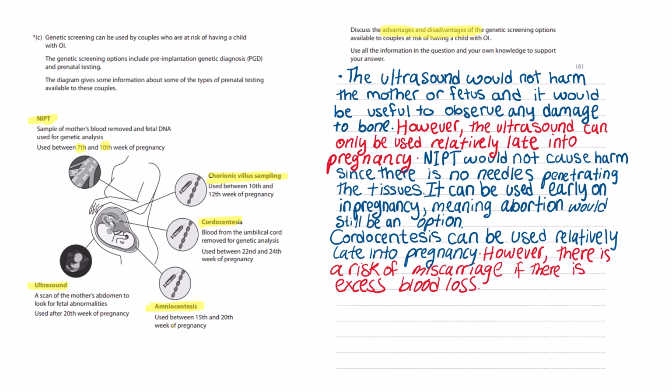An NIPT would not cause harm since there are no needles penetrating the tissue. It can be used early on in pregnancy, meaning that abortion would still be an option, therefore there wouldn't be any ethical implications. Now, chordocentesis can be used relatively late into the pregnancy. However, there is a risk of miscarriage if there is any excess blood loss.